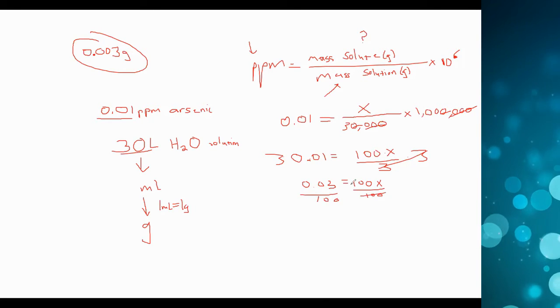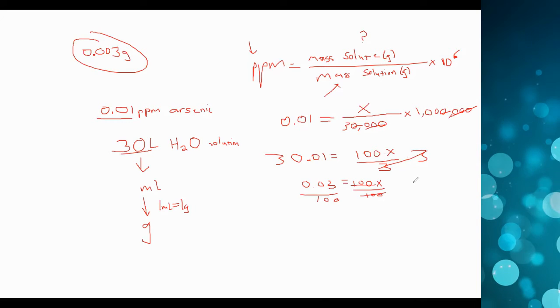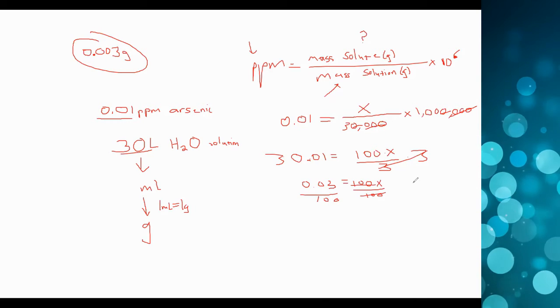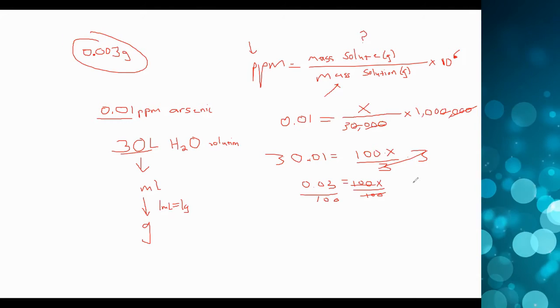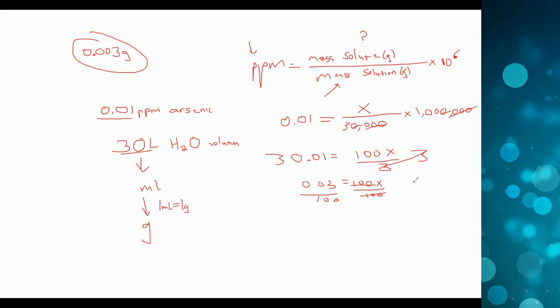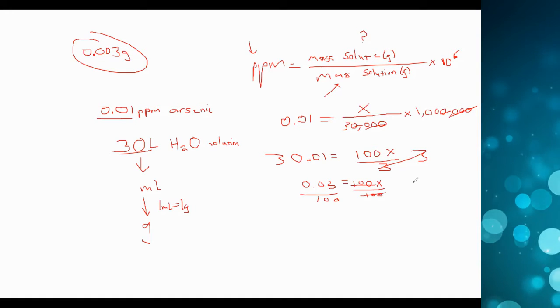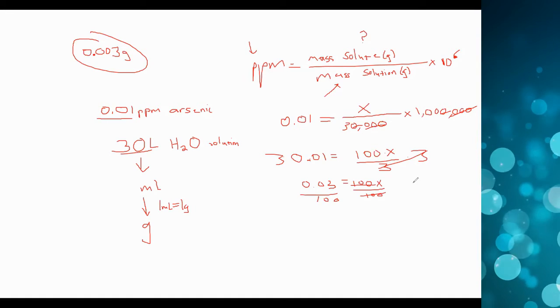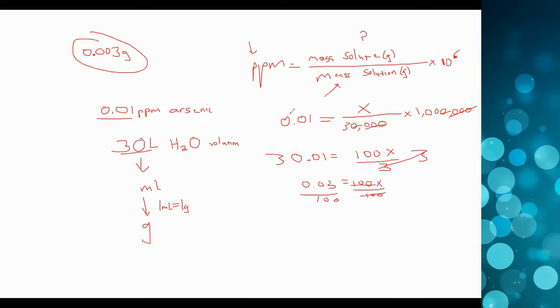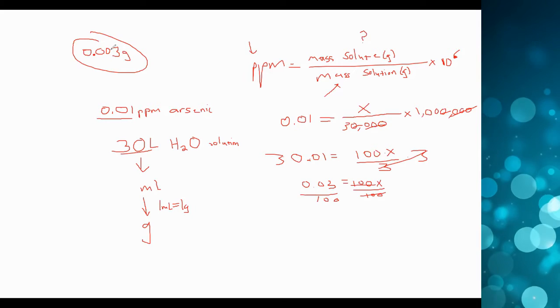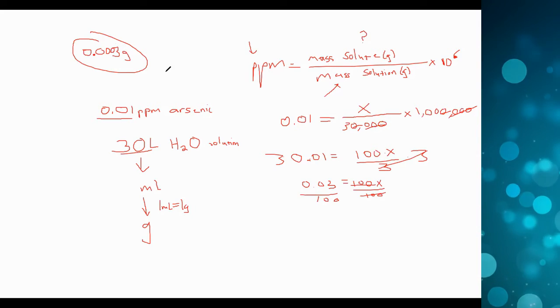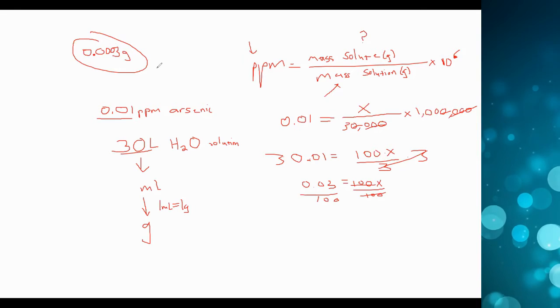And again, you can use a calculator. There will be a calculator option on the test. So when in doubt, just use a calculator. So 0.03 divided by 100 is 0.0. Oh, I put the wrong number of zeros up here. 0.0003. Be careful with that on the test.